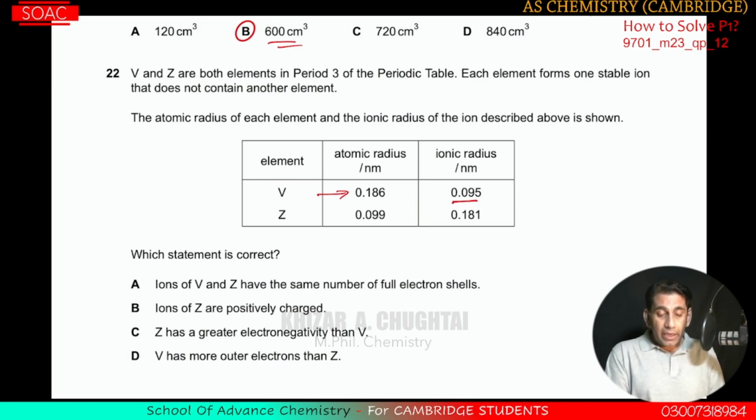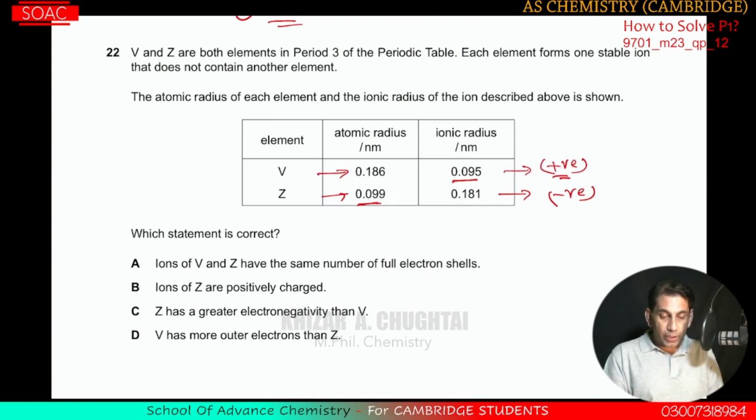It means that it is making a positive ion. In case of Z, the atomic radius is 0.099 and its ionic radius is higher, 0.181, so it has a negative charge. From this data, we can conclude that V makes a positive ion and Z makes a negative ion.